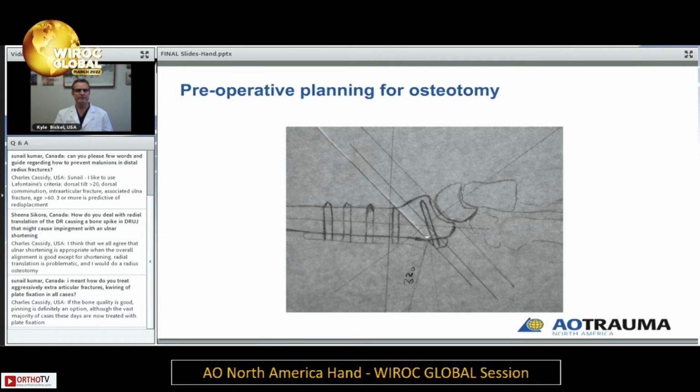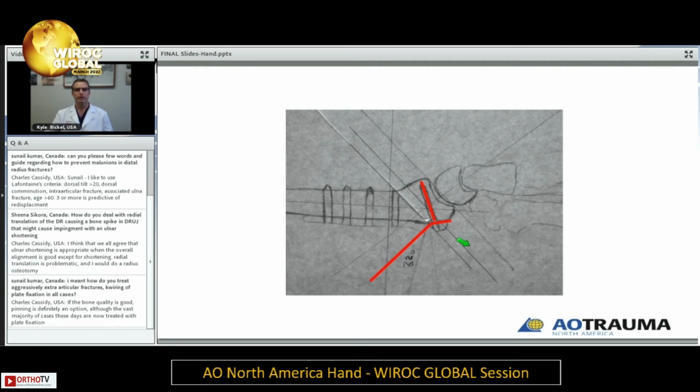So this is a graphic depiction of that. Here we can see the determination of the initial angle off of volar tilt, and this was determined to be 32 degrees. And here you can see the plate in its planned position. Here we see the plate fixed to the distal fragment first, and the osteotomy is going to be right through here. You can actually do this with the plate in place. I prefer not to do that.